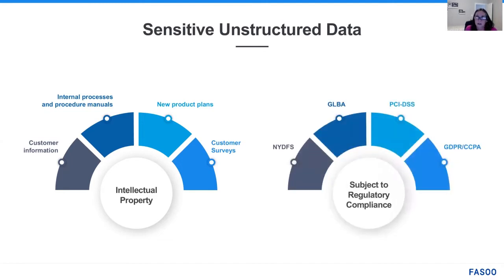It's also information that is subject to regulatory compliance, whether that's industry regulatory compliance, like in, for example, the financial services industry, where you have GLBA and NYDFS, and most industries who take credit cards need to adhere to PCI DSS, and then there's privacy regulations such as GDPR and CCPA.